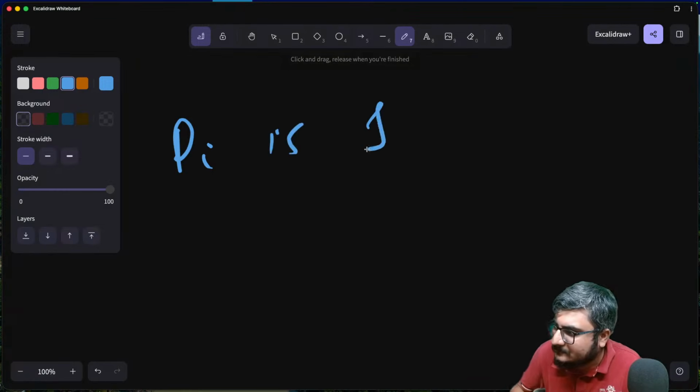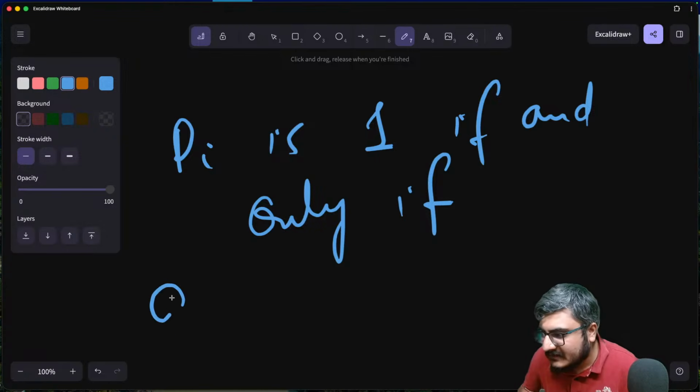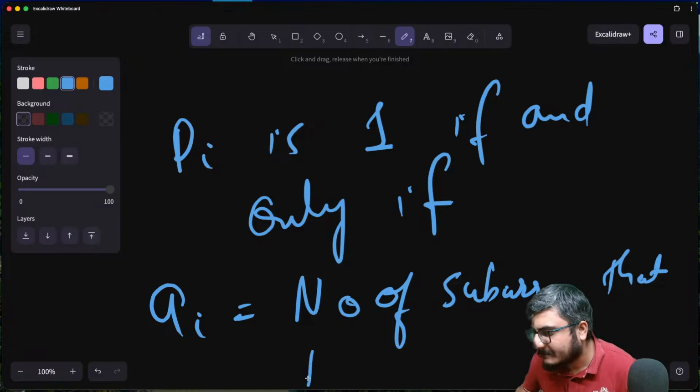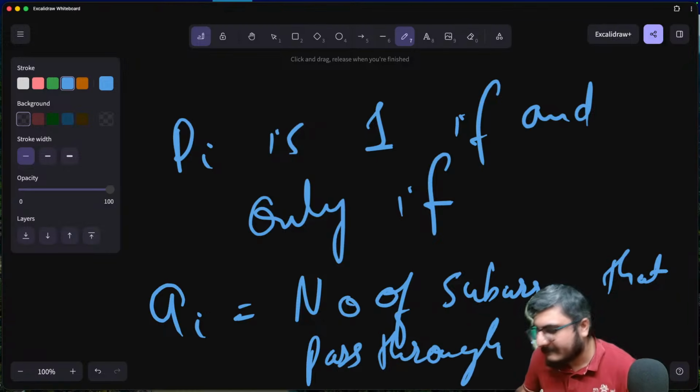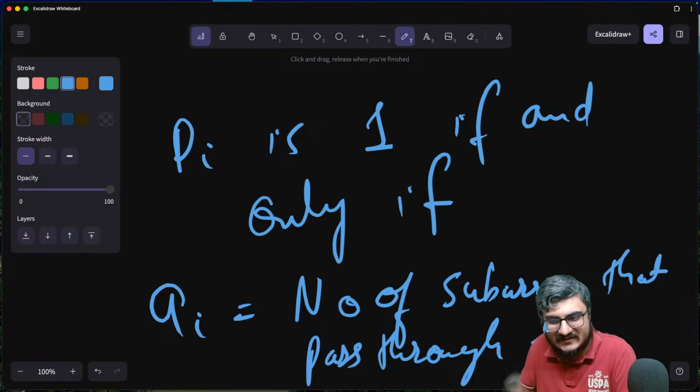P_i is 1 if and only if A_i is equal to the number of subarrays that pass through it. So if I have an index, I count all the subarrays that contain that element. If my current element is the minimum in all of those segments, then only my current value is 1.